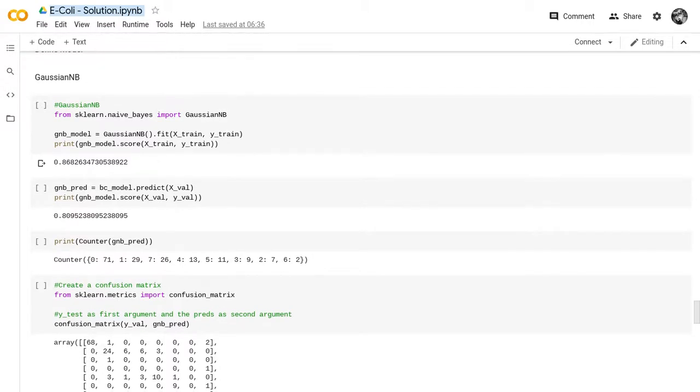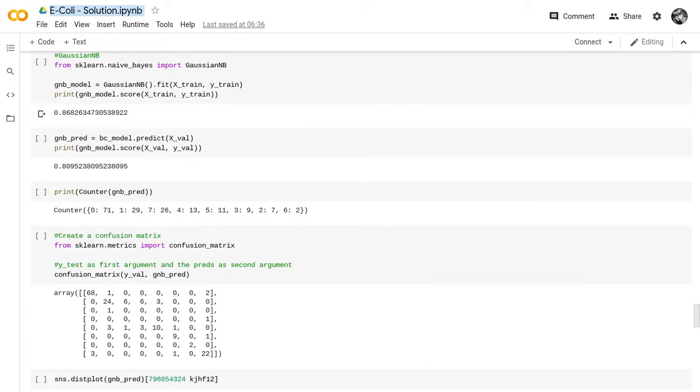So Gaussian NB picked up all 8 of the samples, and it had 86.83% on the X train, Y train, and 80.9% on X-val, Y-val.